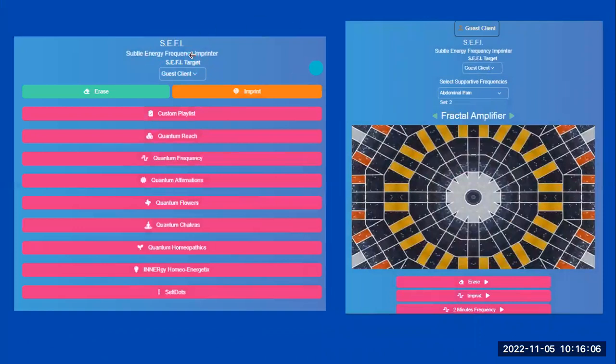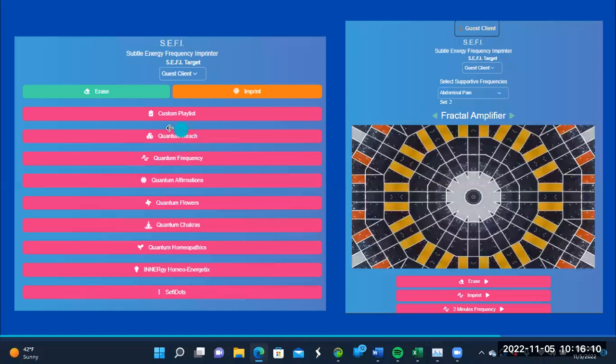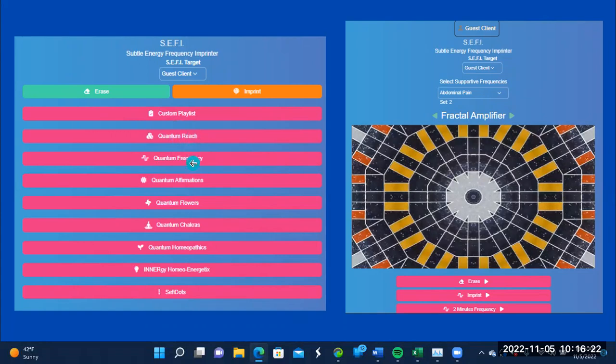Here is the CEFI program, the menu. You can see we have many different categories. We have a custom playlist, where we can actually create different playlists. We have quantum reach, which is kind of some affirmations. Quantum frequencies, there's, last time I counted, over 200, I think, of different frequencies in that menu option.